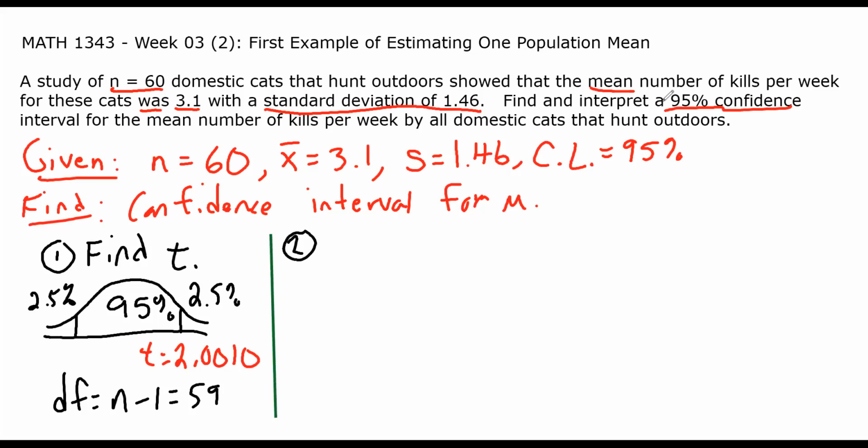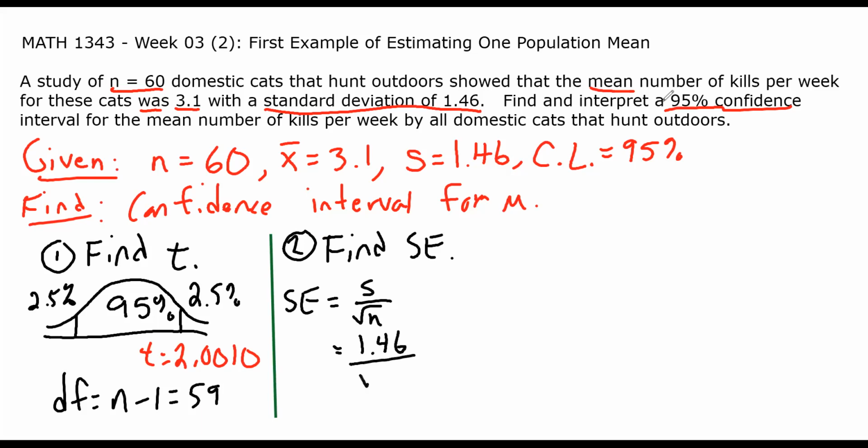Step 2 is to find the standard error. And the formula for standard error here is much easier than it was when we were estimating one population proportion. It's just standard deviation over the square root of the sample size. Our standard deviation was 1.46.